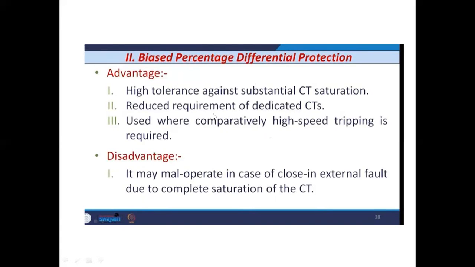However, the main disadvantage of this type of relaying scheme is the mal-operation of CT. In case of a close-in external fault, the CT mal-operates. So to overcome this, the next type of scheme used is the high impedance voltage differential scheme.